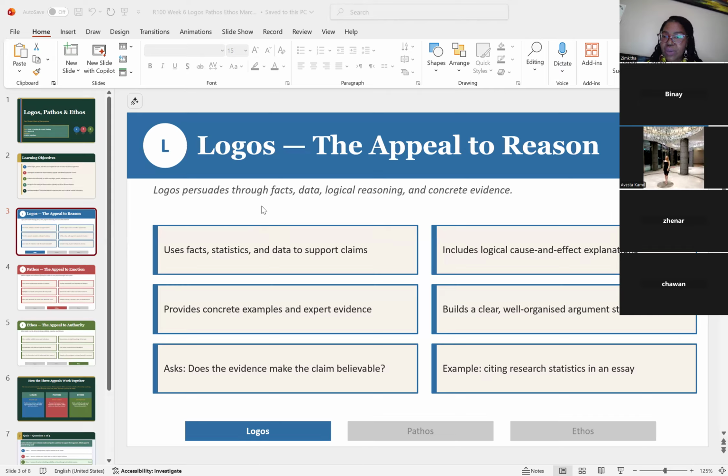And how did we do this in the reading class? By something I taught you guys. It's called in-text what? Citation. That's correct. Thank you, Avesta. In-text citation. Okay. Right. So one of the important things is logos.